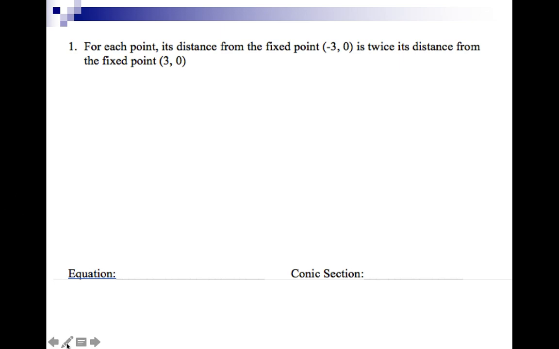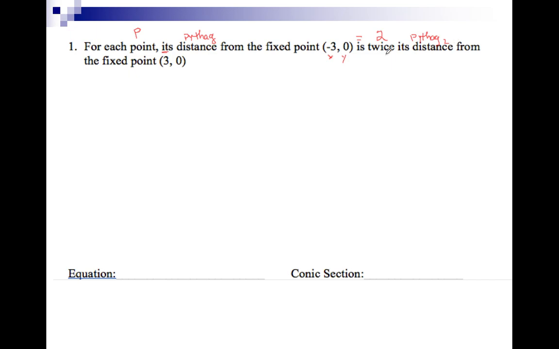So first, let's identify the information that we need. For each point, that point's distance, its distance, Pythagoras, from a fixed point, x, y, is twice its distance.